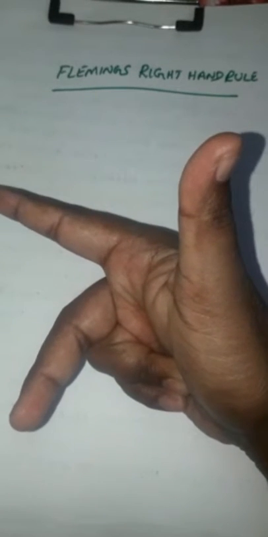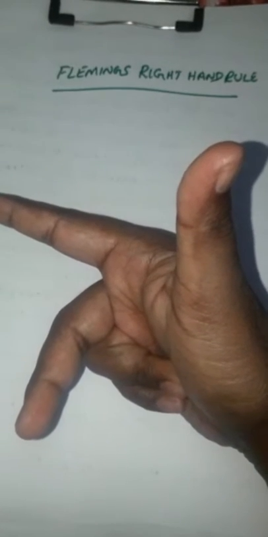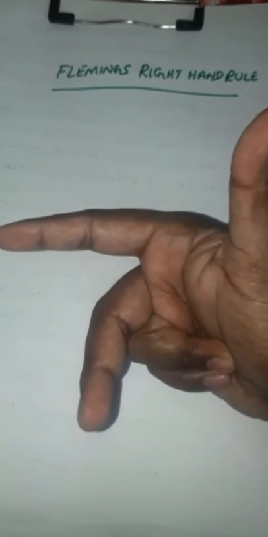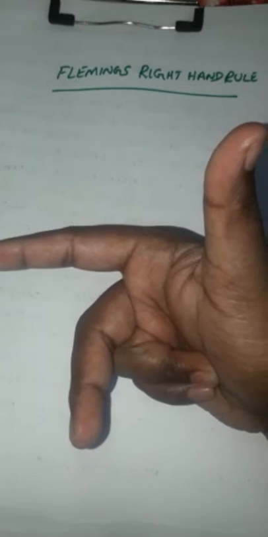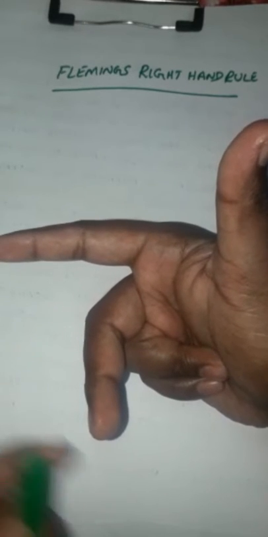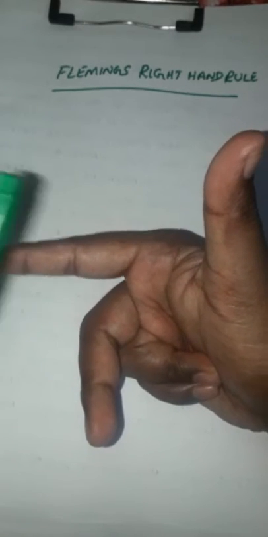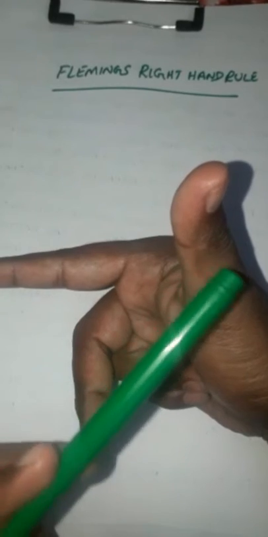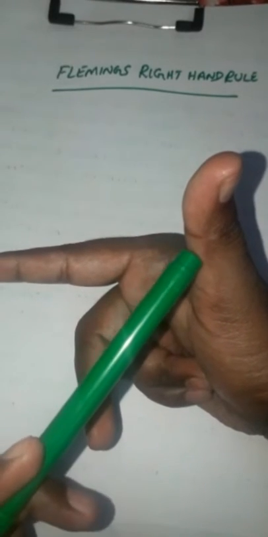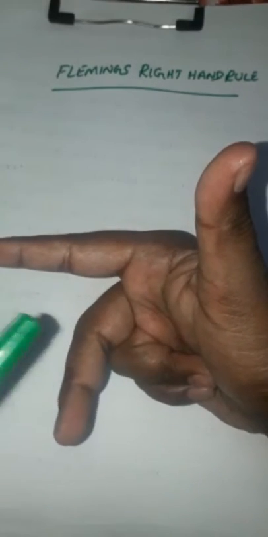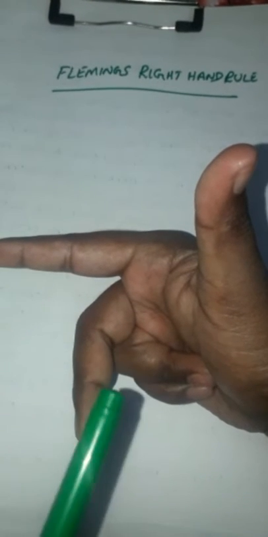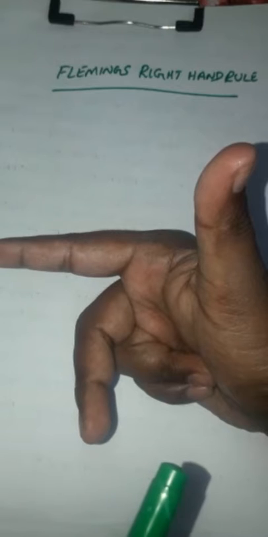The forefinger indicates the direction of the magnetic field, the thumb indicates the direction of motion of the conductor, and the middle finger indicates the induced current direction. This is a very important rule, Fleming's right hand rule.